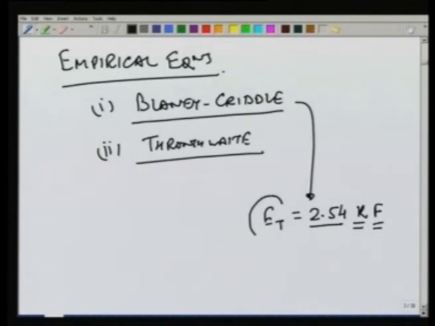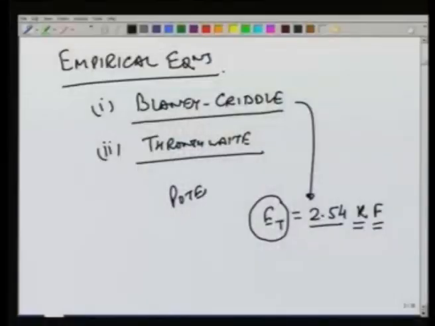Now, whenever we talk about evapotranspiration, we should keep in mind that this is potential evapotranspiration, which is typically denoted by PET. The actual evapotranspiration will typically be less than this, depending on what is the amount of soil moisture available.